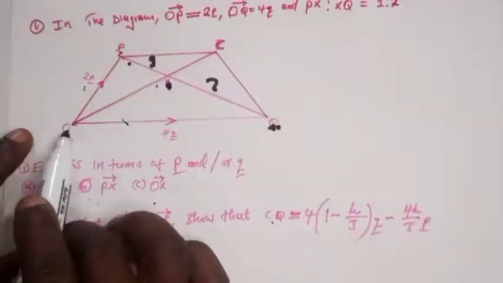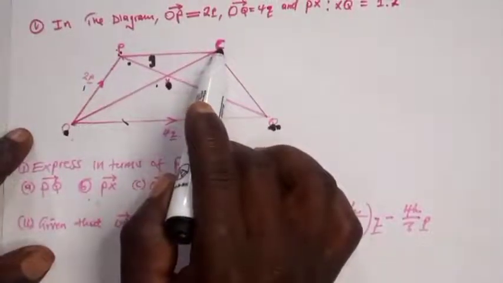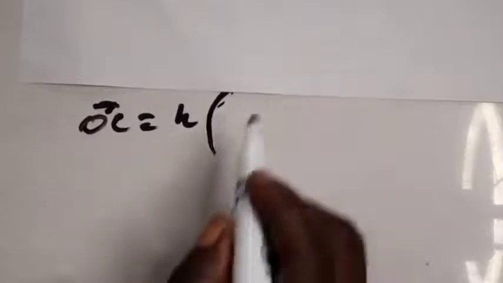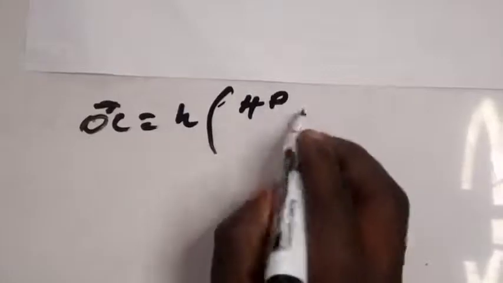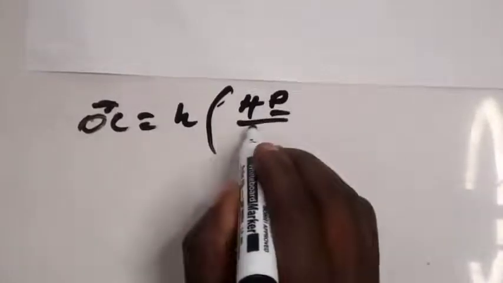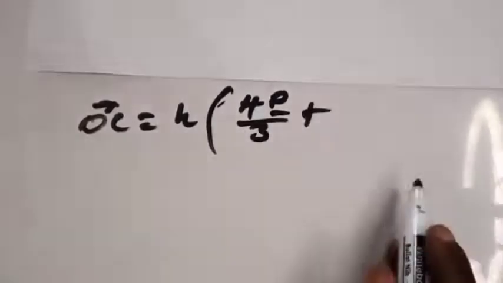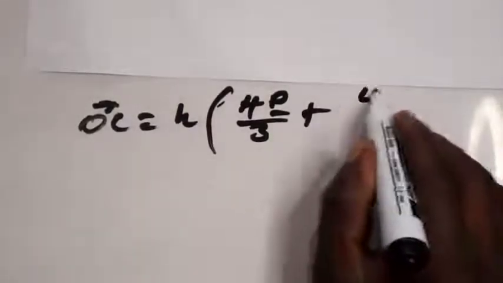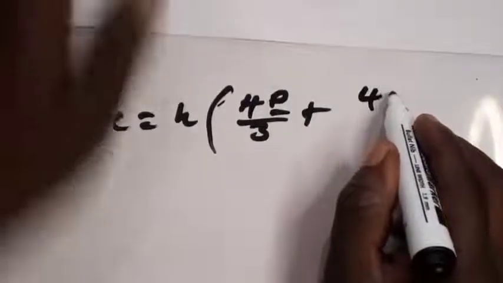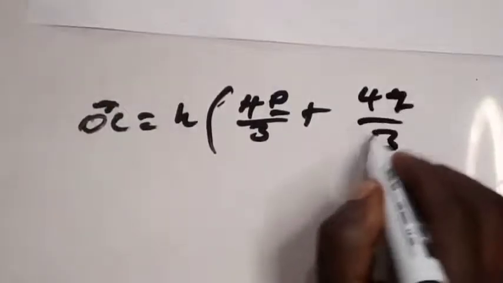Let's find OC here. h open brackets OX, we have found that it is 4p over 3 plus 4q over 3.